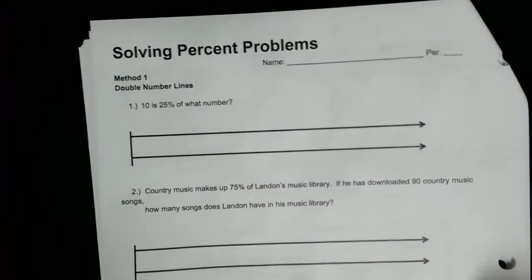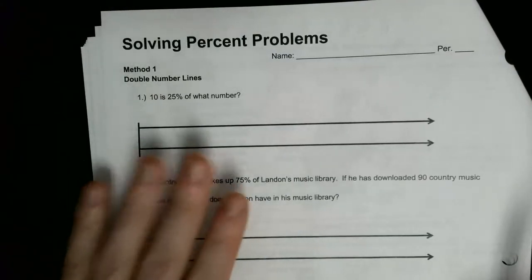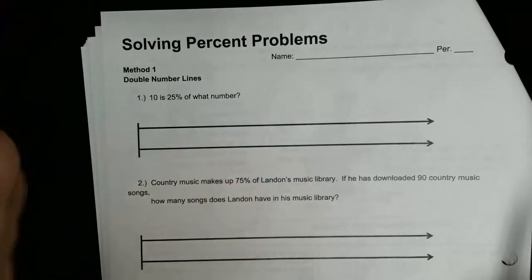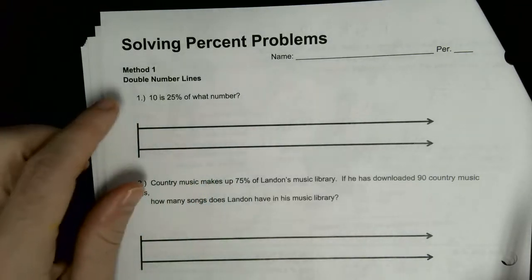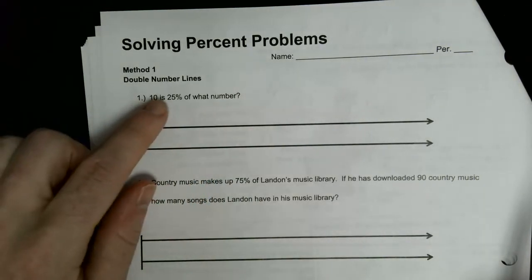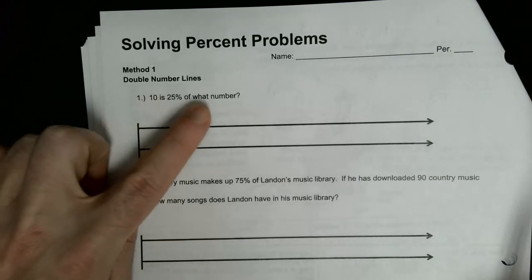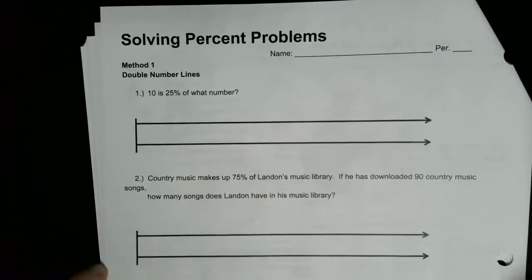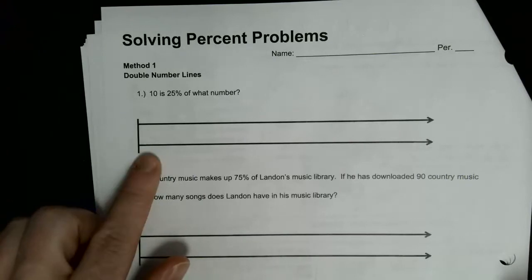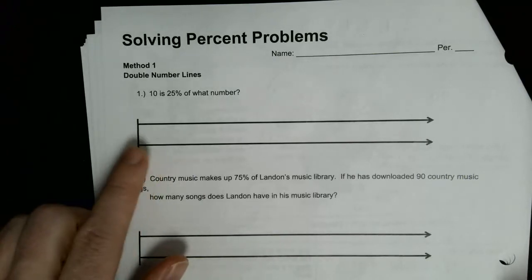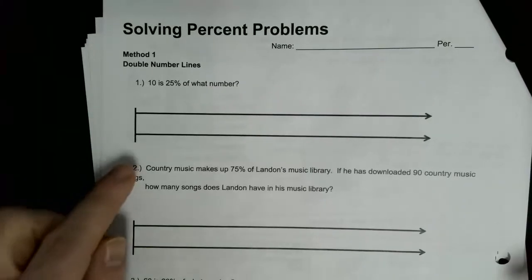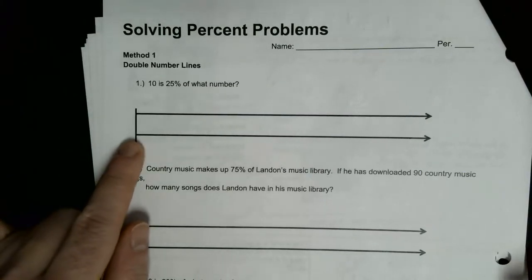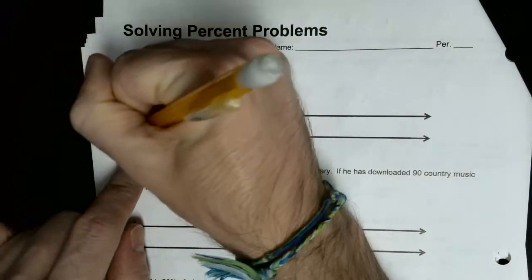Here we go. So we can use a double number line to solve a percent problem, and we can also use it to solve any ratio problem. But let's see what this looks like here. For number one, it says 10 is 25% of what number? Because we're going to use this with percents, every single time I'm going to set this up pretty much the same way. I'm going to put a label down here on the bottom number line, and I'm going to label it percent.